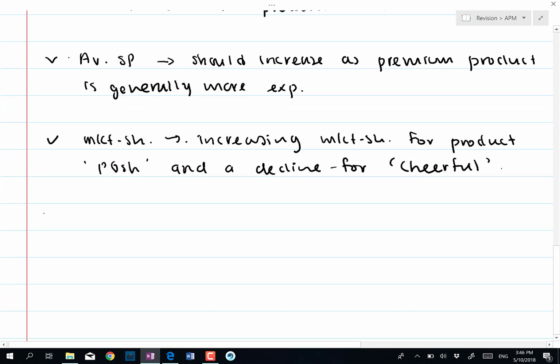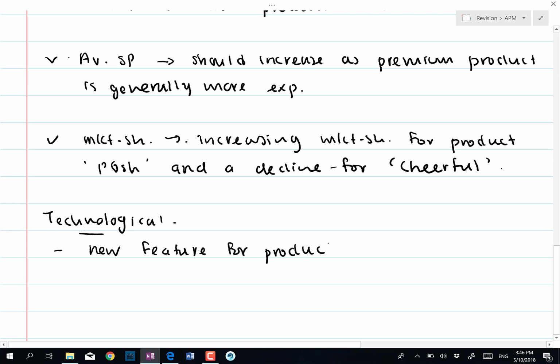And finally, technological. So because of the nature of our product, we can actually talk about new features for product is essential for the company's competitive advantage.